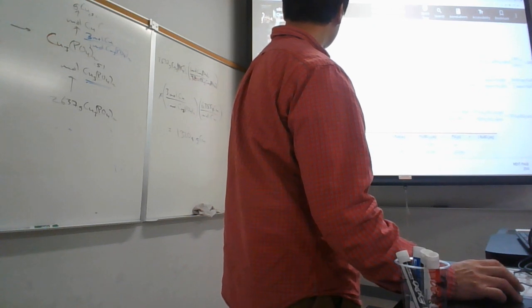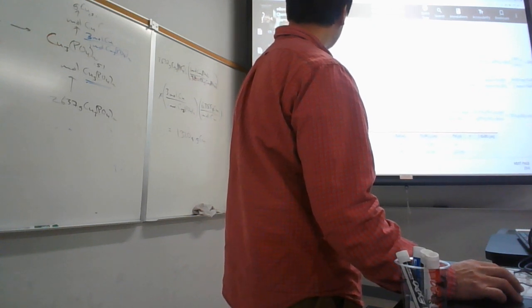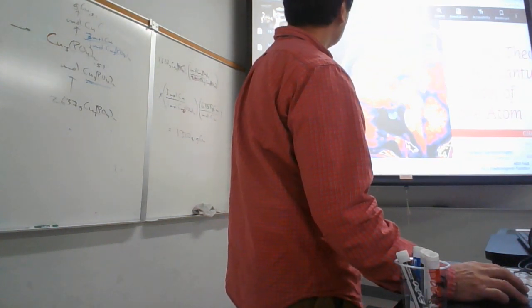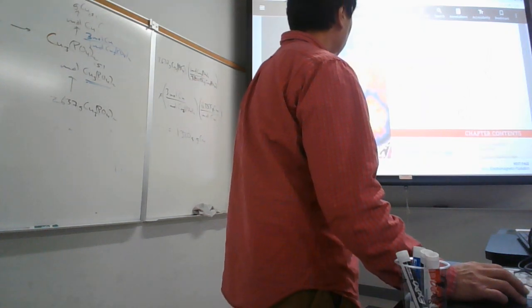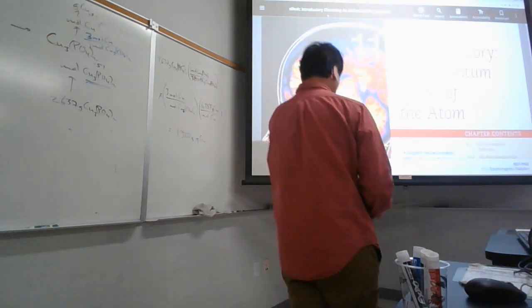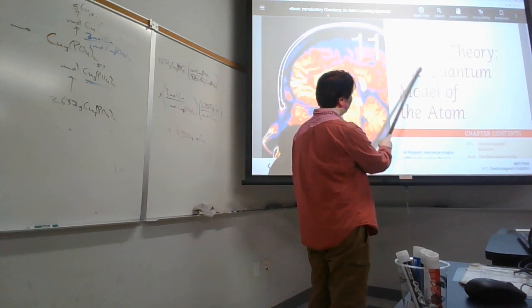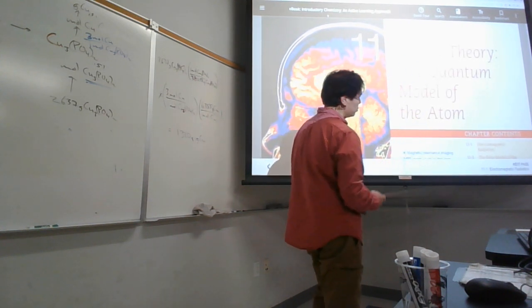Okay, let's symbolize. Since we're moving on, that was stoichiometry, and then we're revisiting the atom. This is atomic theory part 2.